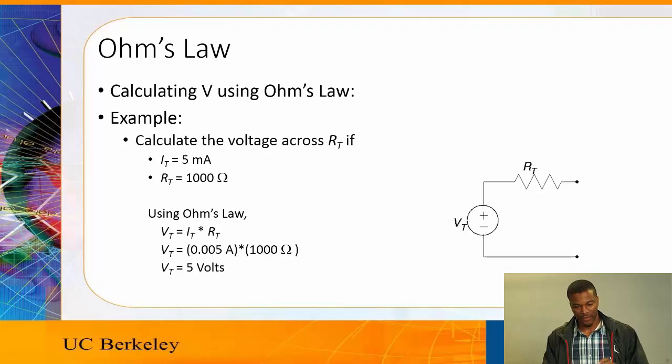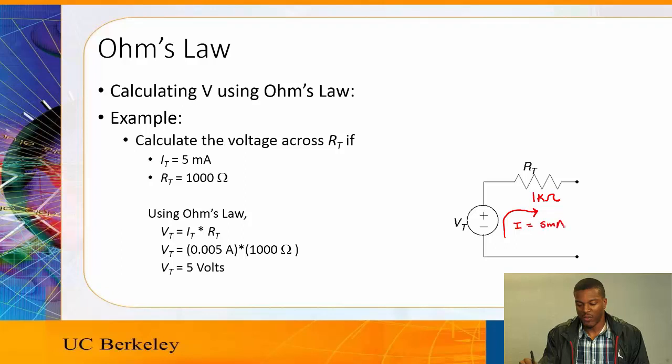Here's an example calculation using Ohm's law to find the voltage drop across a resistor. So here's our resistor, and it's given a value of 1K ohms. And the voltage across it is undefined, but we're given a current value of 5 milliamps.